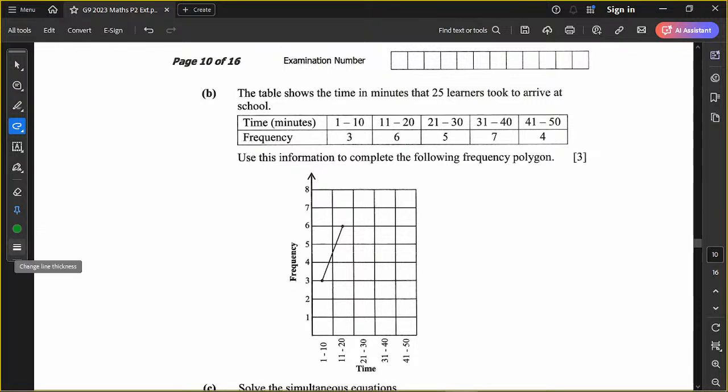Okay, we put a mark there. Then we say 31 to 40 minutes were 7, so we come on 7 and we mark 7 here. Okay, then 41 to 50, there were 4, we come here.